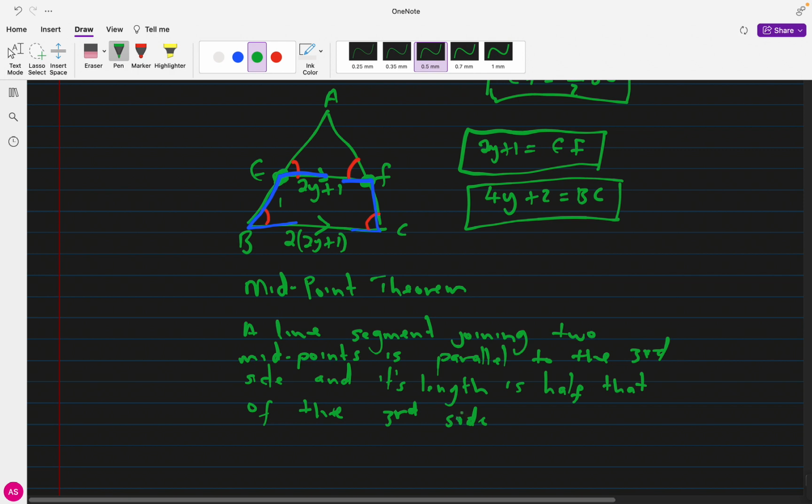Okay. Right, the line segment joining two midpoints is parallel to the third side, and its length is half that of the third side. So basically what I have tried to explain for you there.